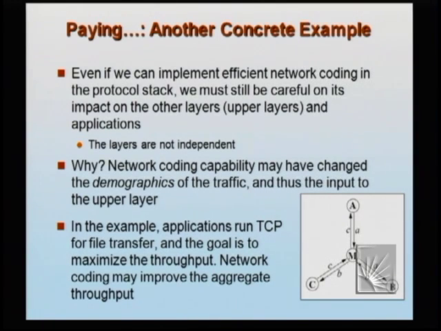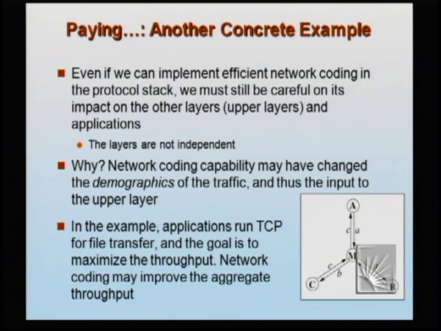Demonstrates this point. Okay, so the layers are not independent, and network coding capability can change the underlying demographics of the traffic. Because of the coding, we can change, for example, the loss rate of the flows at the link layer, right?